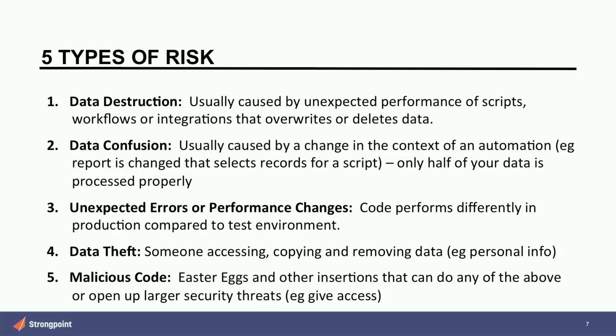When I say data confusion, for example, if I have a report that determines the data set to run, and I simply go and modify that report that nobody knows what it's for, I end up destroying a batch process that maybe is part of my recurring lead classification or my recurring billing of contracts or whatever. Those kinds of things are easily controlled if we have proper change management.